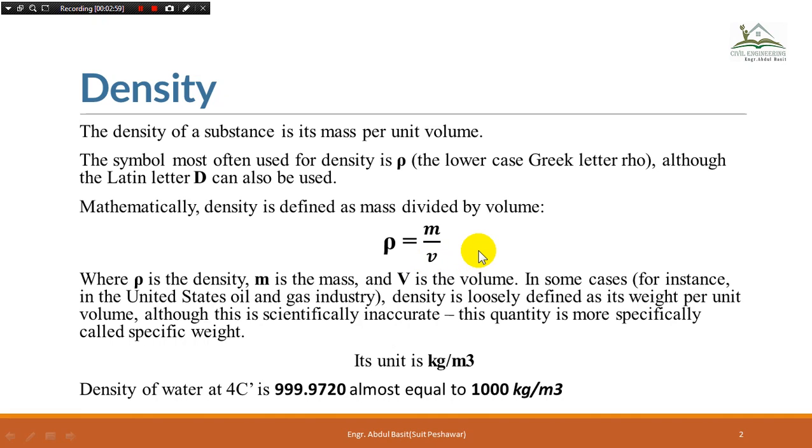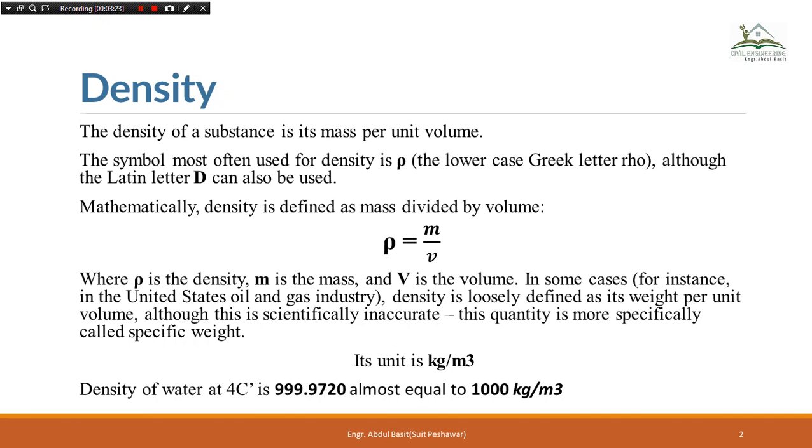If you are using SI units, the mass will be in kg and the volume in meter cube. But if you are using the English system, then m will be in pounds, and the volume will be in inches cube or feet cube. So these units can be used accordingly.